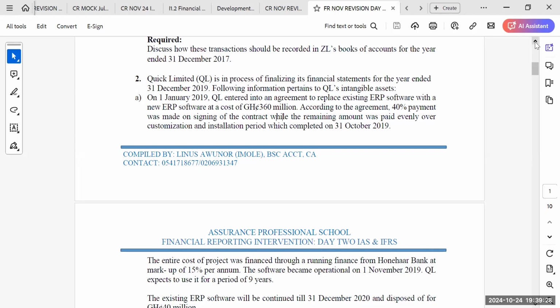The entire cost of the project was financed through a running finance from, forget about the name of the bank, at a markup cost of 15% per annum. Do you know what they are calling the markup? The markup of 15%. If they say the bank is charging markup, what does it mean?